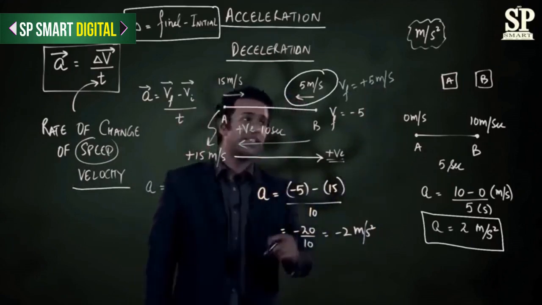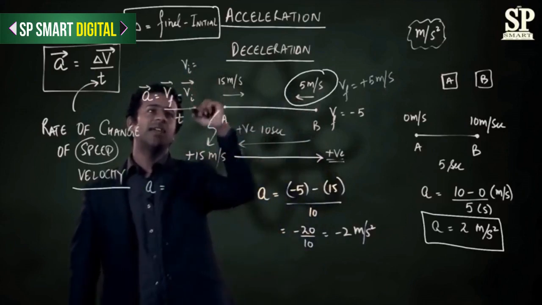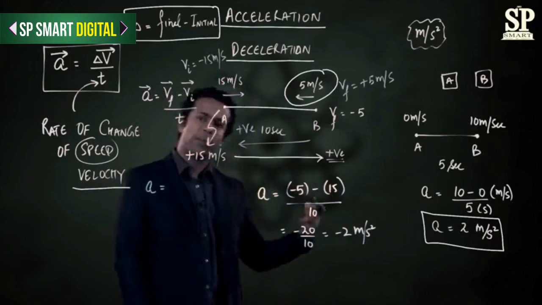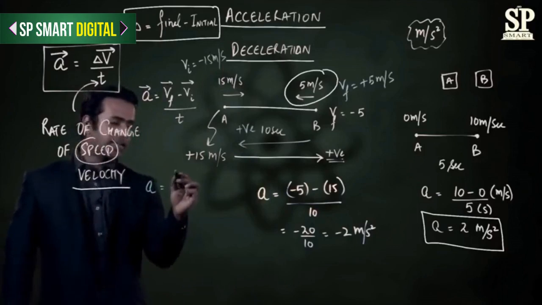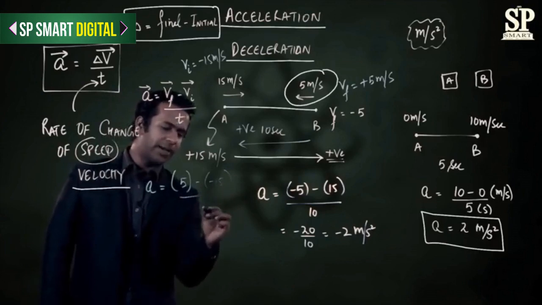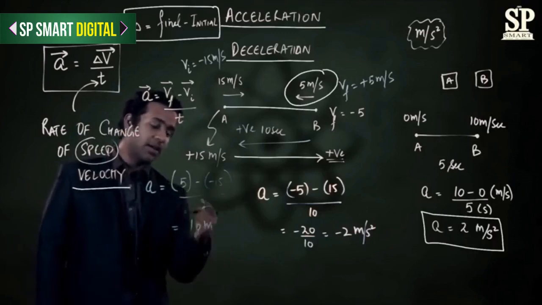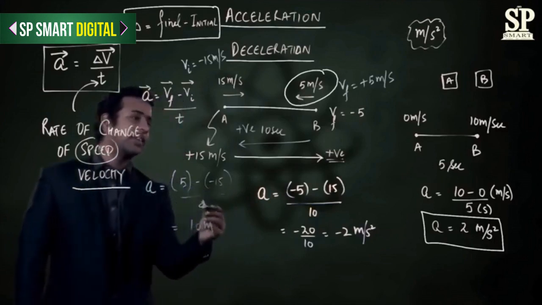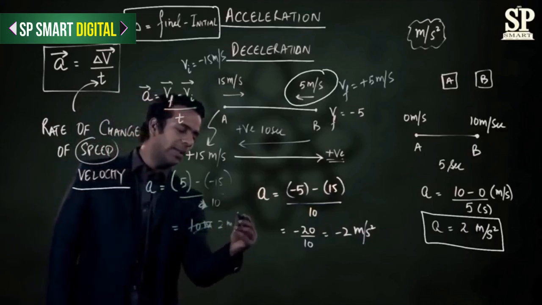According to our new sign convention, this direction is positive, which means that the initial velocity is minus 15 meter per second, since it points in the direction opposite to the one we've taken as positive. Right. So now acceleration becomes plus 5 minus 15 divided by 2, which gives you an answer of plus 10 meter per second. The time we have taken as 2, but the time is actually 10 seconds, and hence this would be 2 meter per second square.